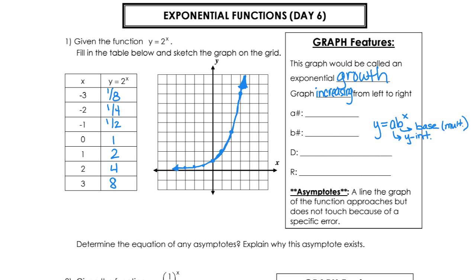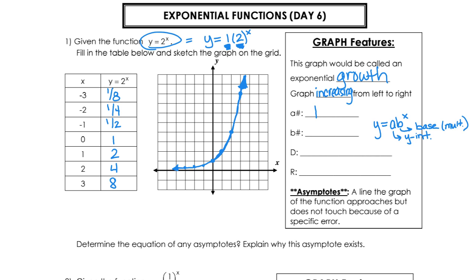So in this one, our a value, our y-intercept, is 1. And if we go back up here and we give this equation a look of y equals ab to the x, I could rewrite this so that that's y equals 1 times 2 to the x. And now you can see that this is my a value and this is my b value.